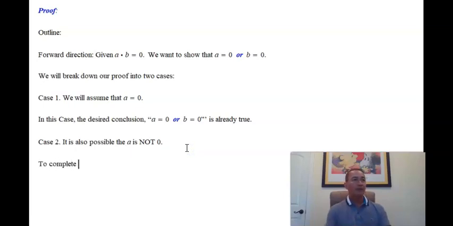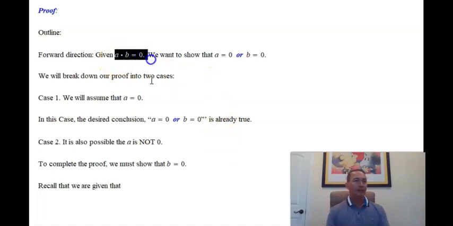So, to complete the proof, we must show that B equals 0. Okay, so how do we do that? Well, we are given that A times B is 0. So let's remind ourselves of that. Recall that we are given that A times B is 0.